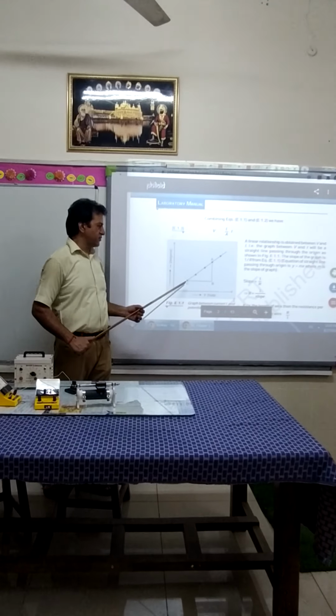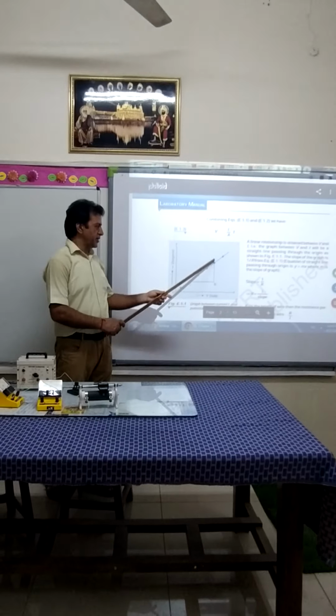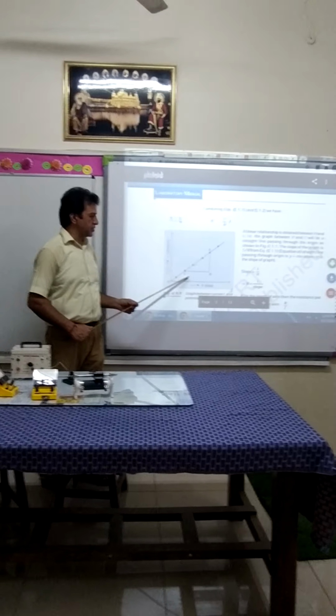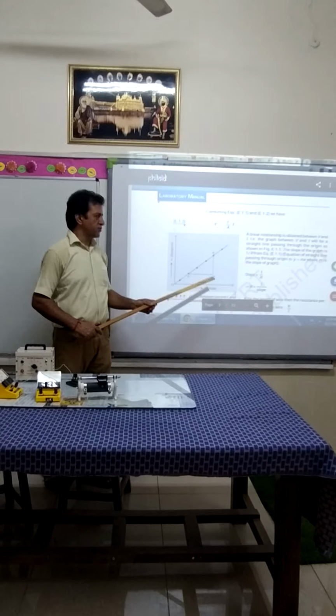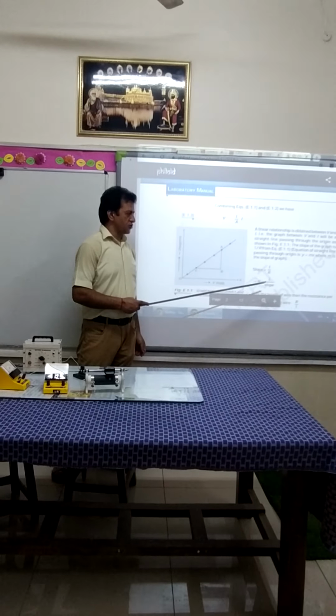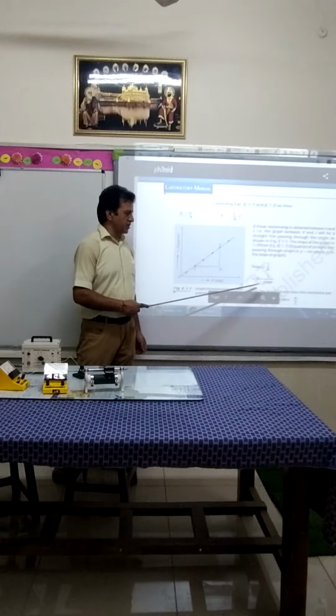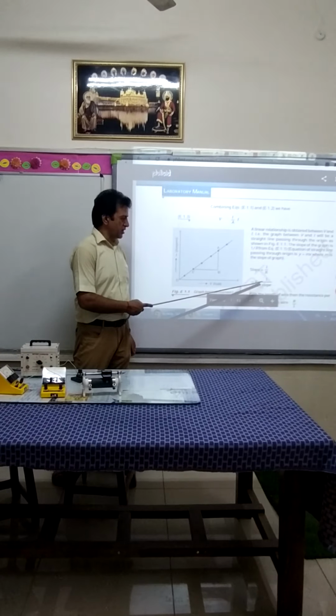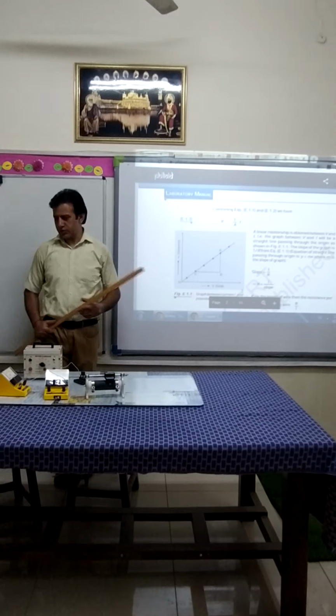The slope of the graph, obtained as AB upon BC, gives the value of 1 upon R. So slope is equal to 1 upon R, and hence R is equal to 1 upon slope.